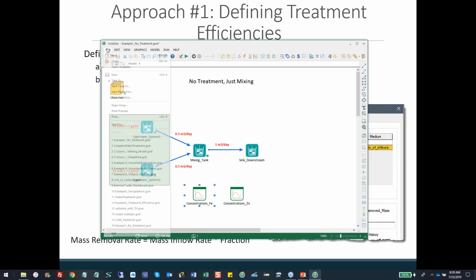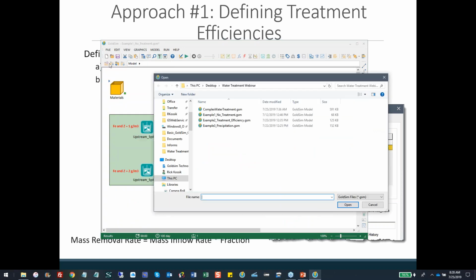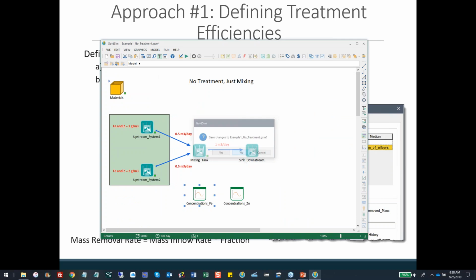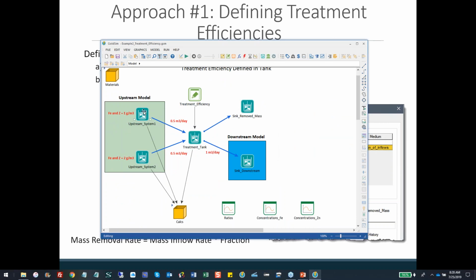So here's our no mixing model, and now let's open our model that has treatment efficiency. So we still have our same upstream system, okay? Now I've renamed this as a treatment tank because we're actually doing some treatment here.